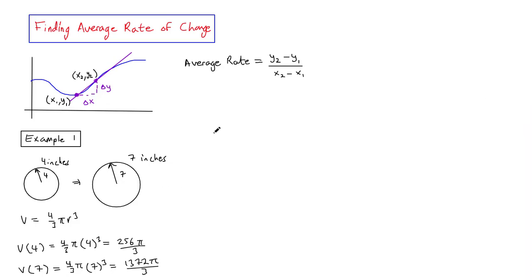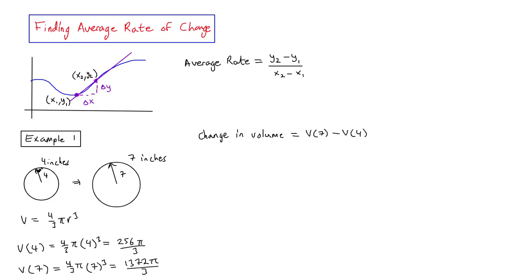Okay, so since we want to get the average rate, we need to figure out what the change in volume is. So our change in volume is equal to v at 7 minus v at 4. Notice that we always take our change to be the final value minus the initial value.